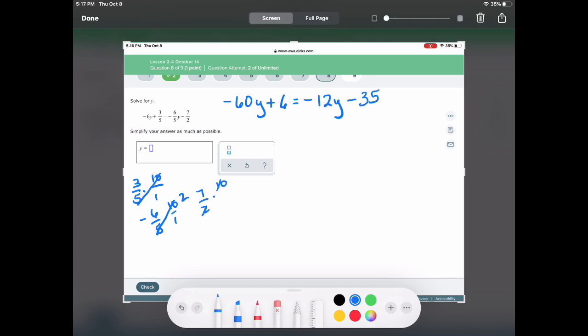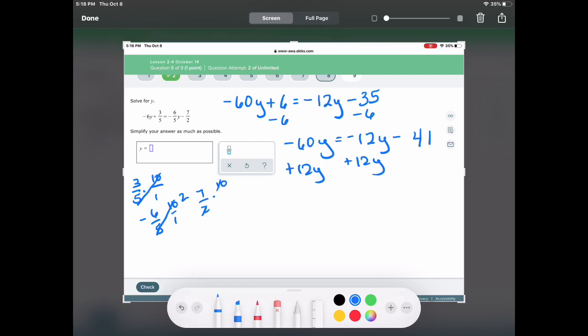Right, if I haven't made any number errors, and feel free to use a calculator so you don't end up doing this forever. Let's minus 6. Negative 60y equals negative 12y minus 41. And we want to get our y's together. So this is actually subtraction.